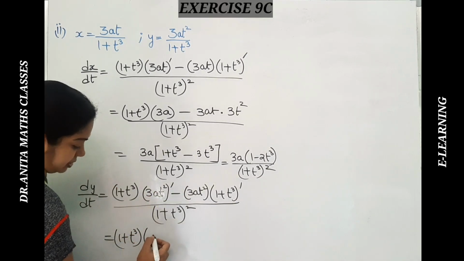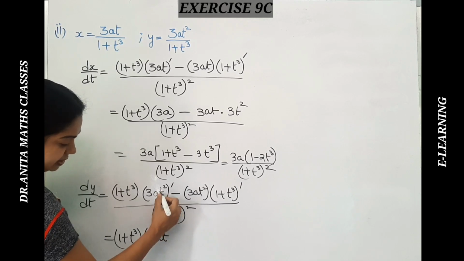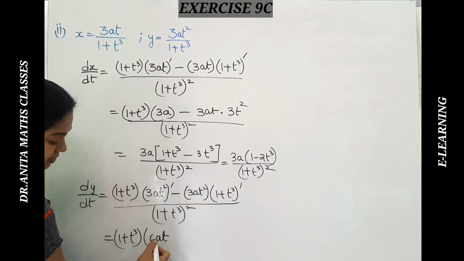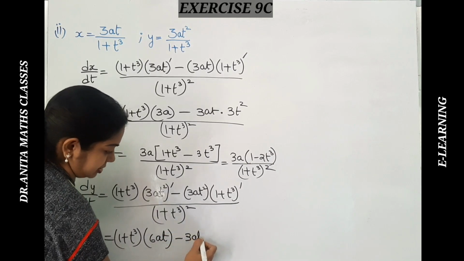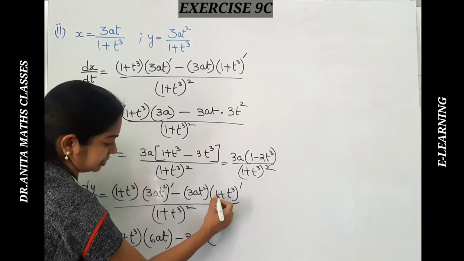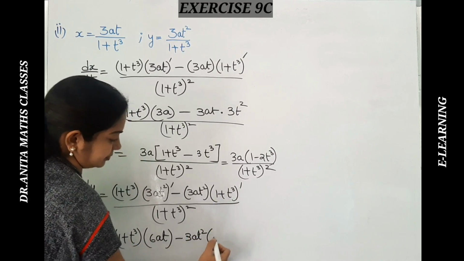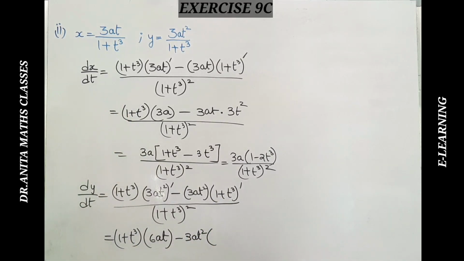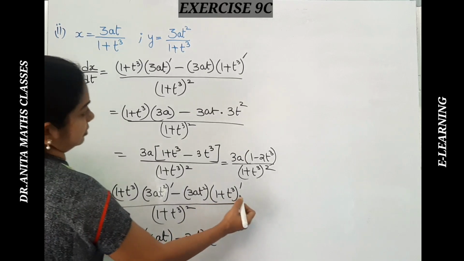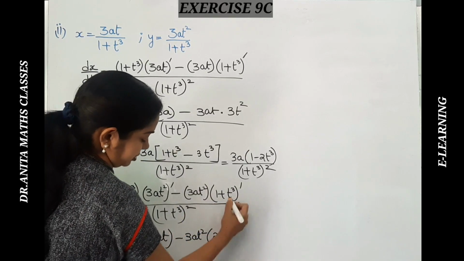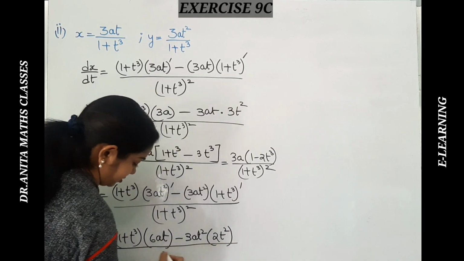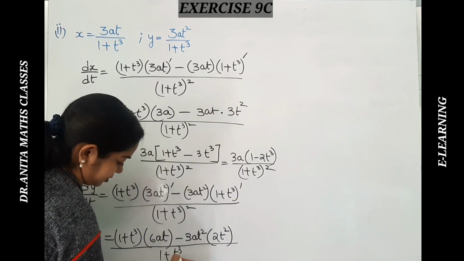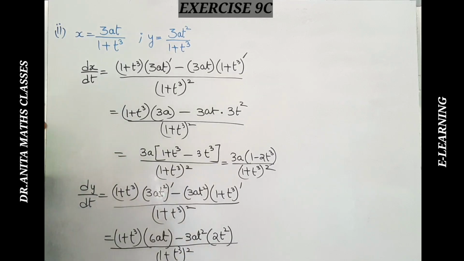The derivative of t square is 2t. So 6at, minus 3at square. Here the derivative of 1 is 0, and t cube gives 3t square. So 1 plus t cube whole square.